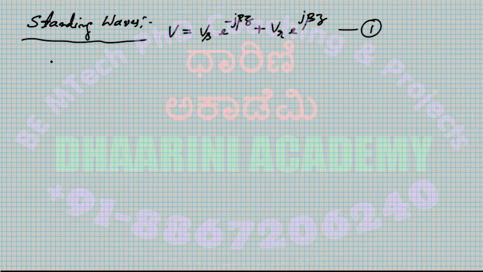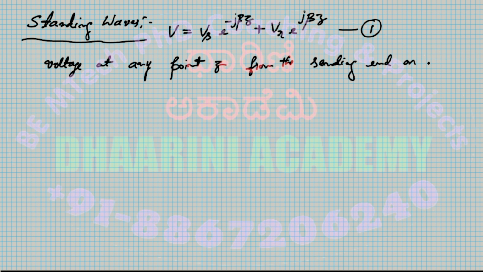So I have to mention what I am trying to write. This is the voltage at any point Z from the sending end. When you see that we don't write an alpha value, in the sense that gamma is replaced by j beta or minus j beta, it means it is a lossless line.